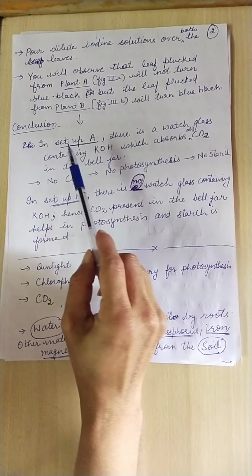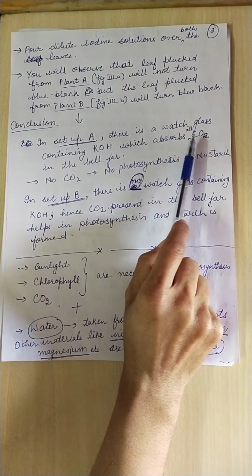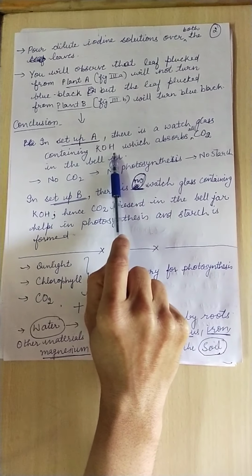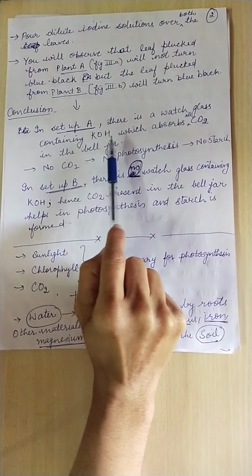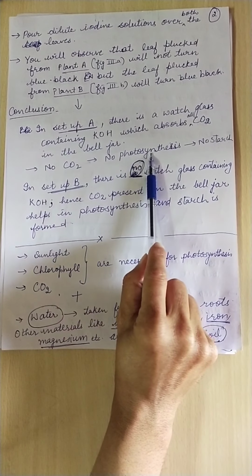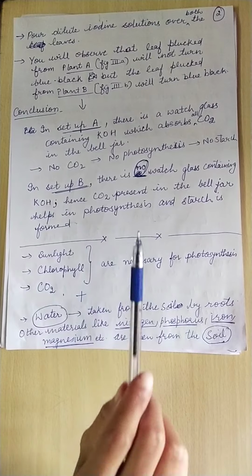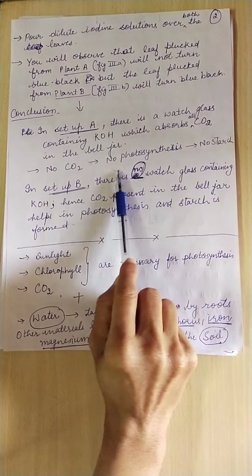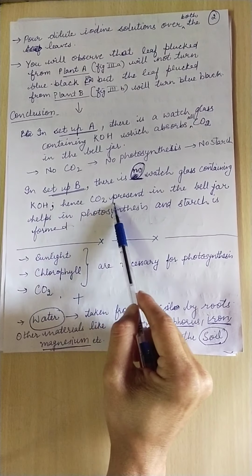Why is it so? In setup A, there is a watch glass containing potassium hydroxide, and this potassium hydroxide absorbs the entire CO2. So when there is no carbon dioxide, no photosynthesis will occur, no starch will be formed. In setup B, there is no watch glass, so in the jar there was already CO2 present.